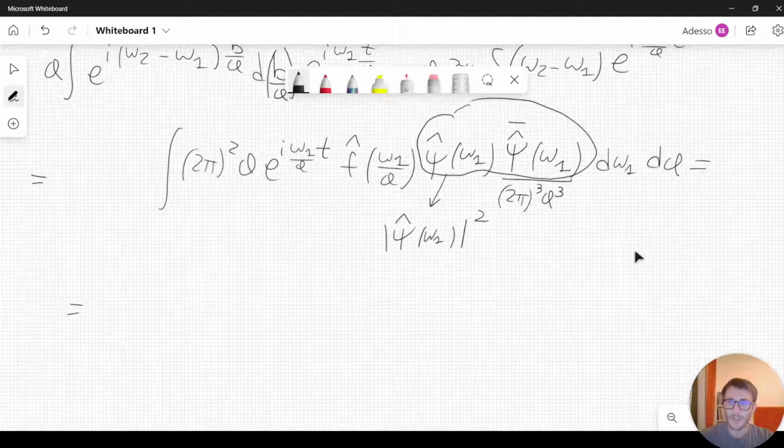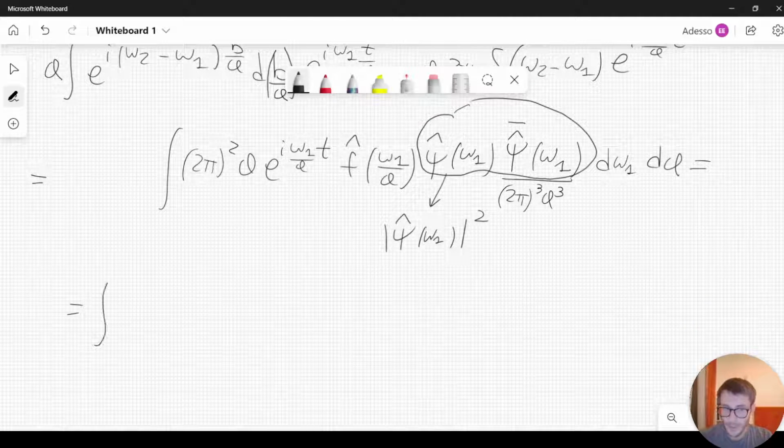I have this integration, which is actually a double integration in this case, because I have two differentials here. And this 2 pi squared here will cancel some factors here. 2 pi cubed I have there, so I can simplify the expression a little bit. I have a here, which multiplies a cubed, so I can simplify this a little bit.